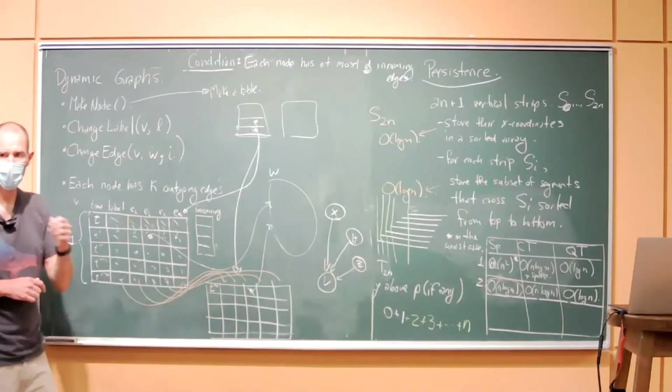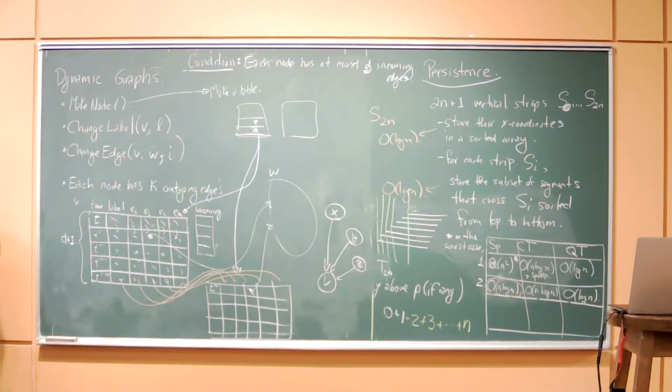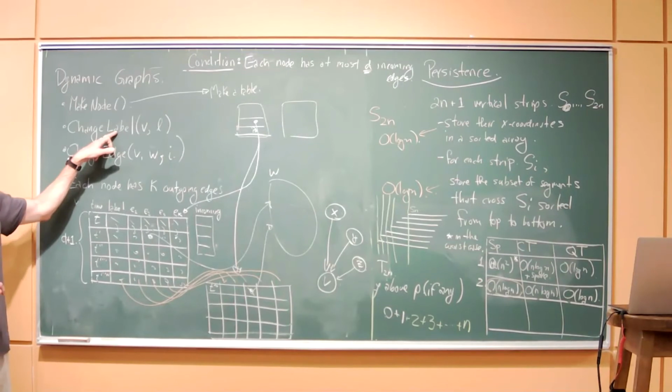So for each node, we have an array of tables. Actually, it's not an array of tables. They're just floating off; there's nothing globally storing those things. I hope you have a good memory manager on your system, because there's a lot of stuff floating around. Okay, so that's how change edge works, and there's nothing different about change label except it's a little bit easier.